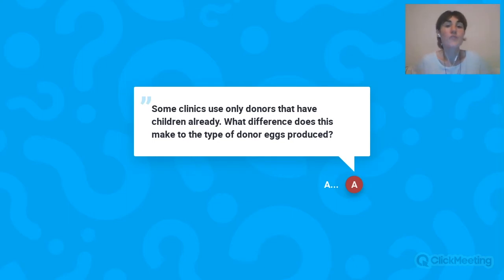So you know they are fertile, they are able to have babies. But just because of this, it does not mean that it will be a good donor, because it could be that she had the baby, imagine, 5 years ago, and her fertility decreased a lot since then.